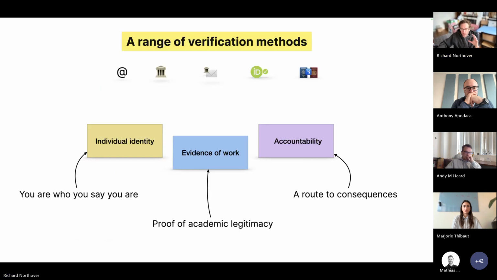Now, when we look at each of the possible verification methods, we're looking at them from a couple of different angles. What the method says about individual identity, what evidence it provides that a person is genuinely an academic researcher, and like I've said a moment ago, what the routes to accountability there are.